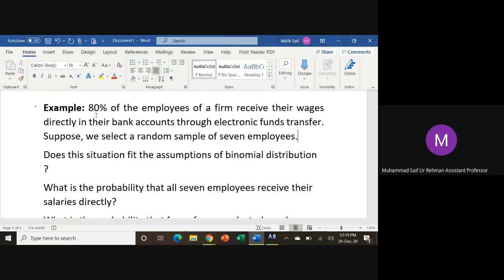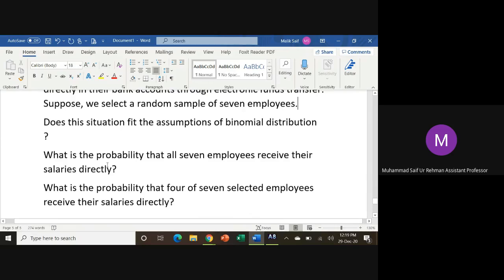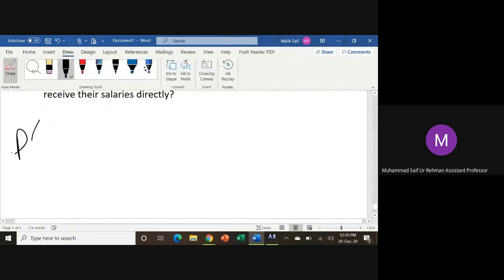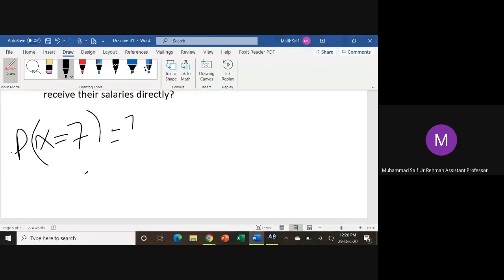So small p, the probability of success, is 80%. Now you can solve it this way. All 7 are receiving salary in their account, so X will equal 7. Total are 7, so 7C7. And what is q?